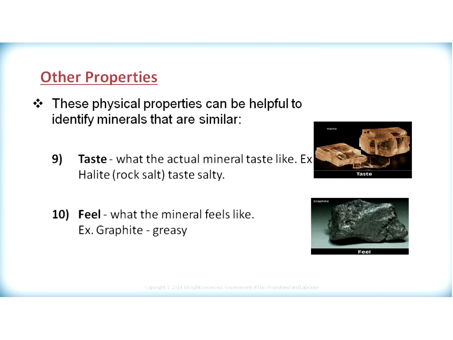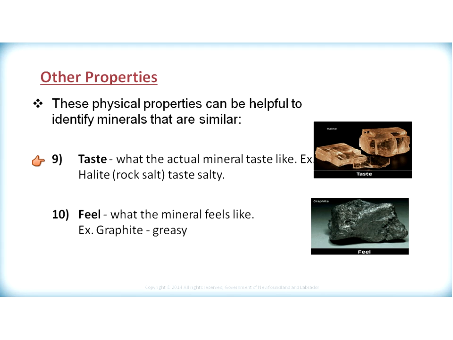When we look at some other mineral properties that can be helpful in identifying minerals, one could be taste. Taste is what the actual mineral tastes like. For example, halite. Halite is rock salt, and it has a salty taste. Even though taste is not a recommended property, it can be used in some cases.